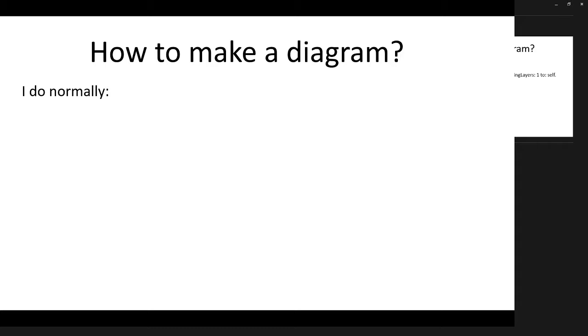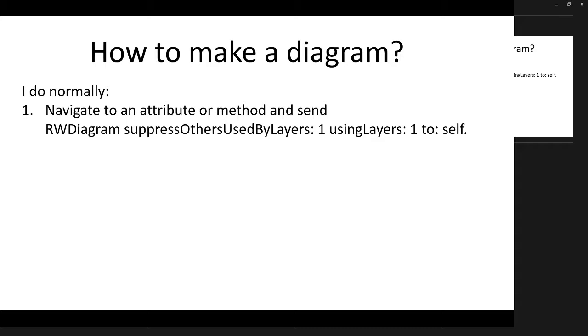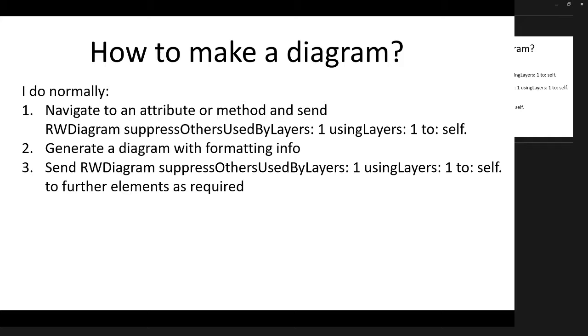Eight minutes. Okay, how do I make a diagram? I navigate to an attribute or method and send this show me or neighbor statement. Then I generate a diagram with an option I'll show you on a later slide. I want to color everything that's not connected to our neighbors. If I want to redo, I suppress this again.